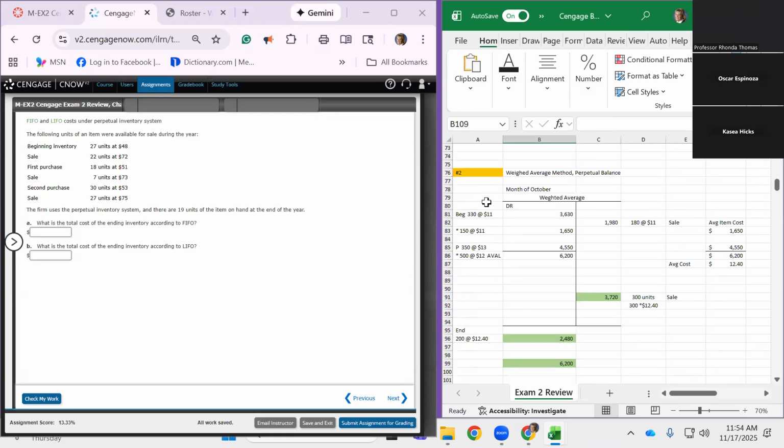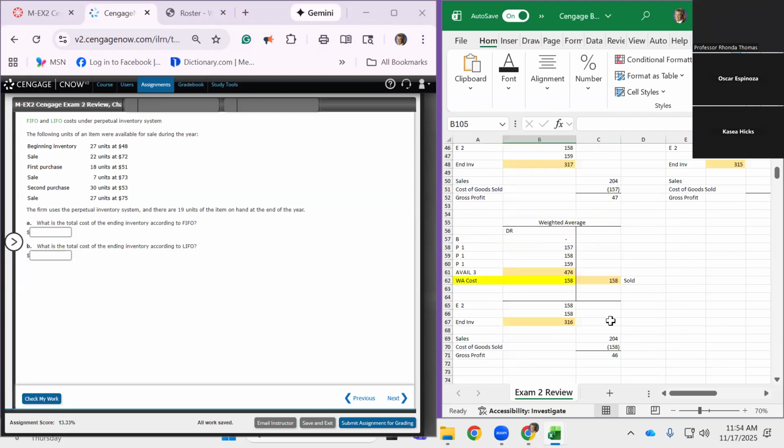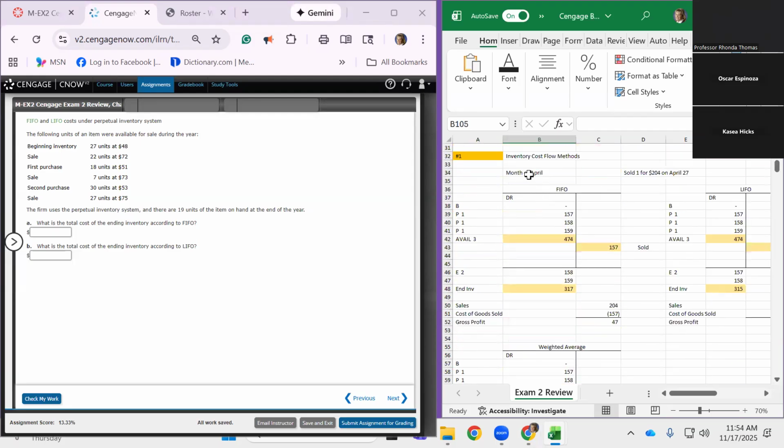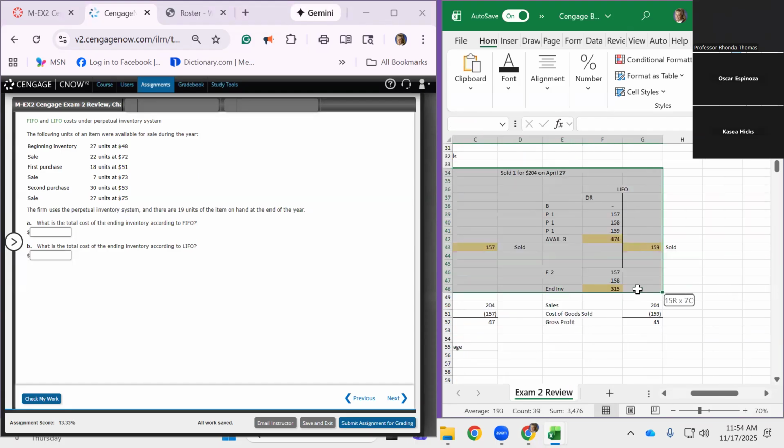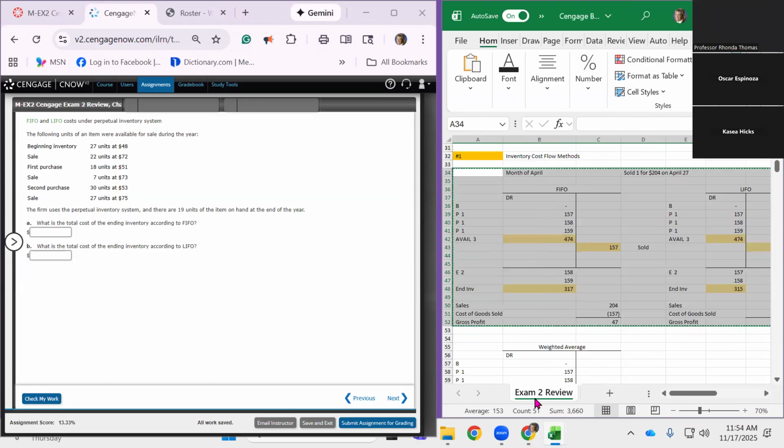Okay, so this is going to be number 3. And you'll have to do the FIFO and LIFO for both of these. Okay, so I'll just go grab the FIFO and LIFO right up here, which should work. Let's see if we can't make it work.